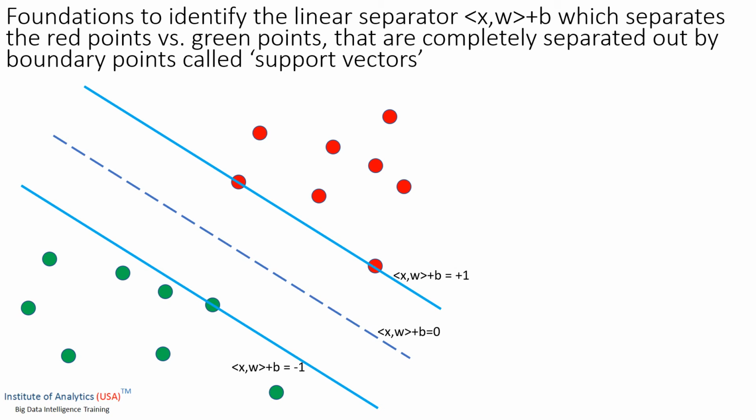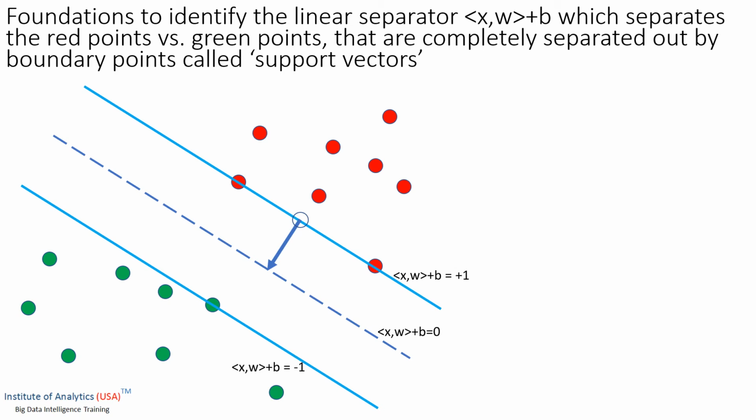Interestingly, this looks like a kind of road or gutter, where the parallel light blue lines determine the best linear separator, represented as inner product of x, w plus b equal to 0.